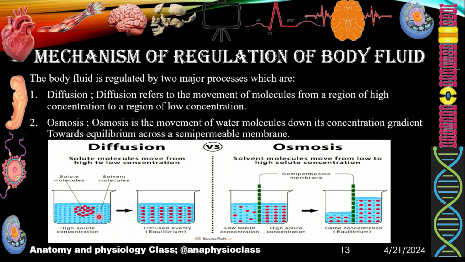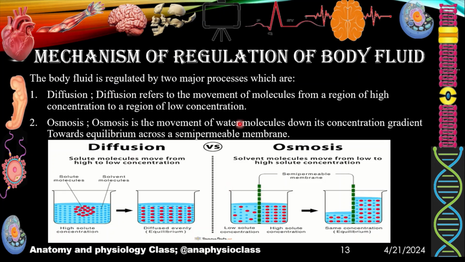So this is diffusion, and in diffusion both the solute and the solvent try to maintain equilibrium. They mix together. It is not that the solvent is the only one to move from one region to another; both the solute and the solvent try to mix up so as to reach equilibrium.